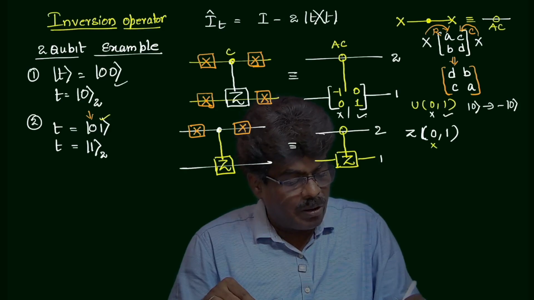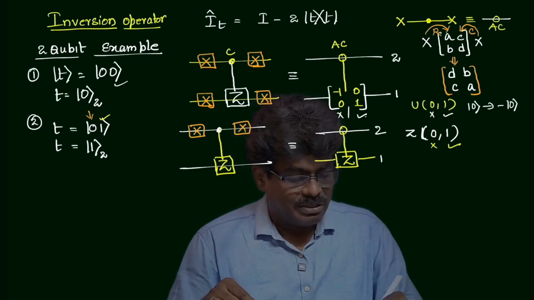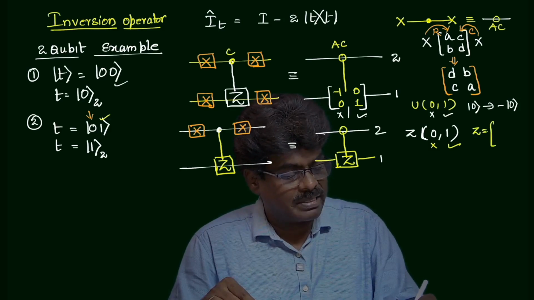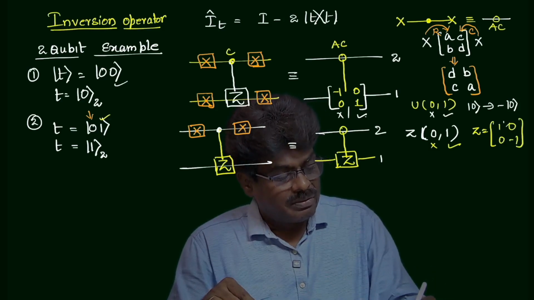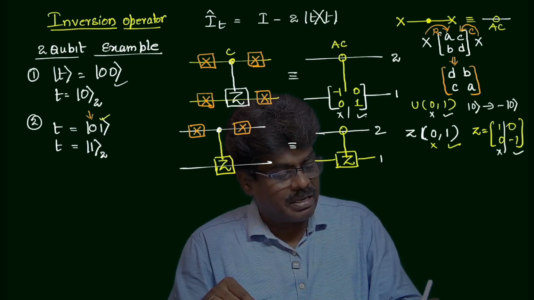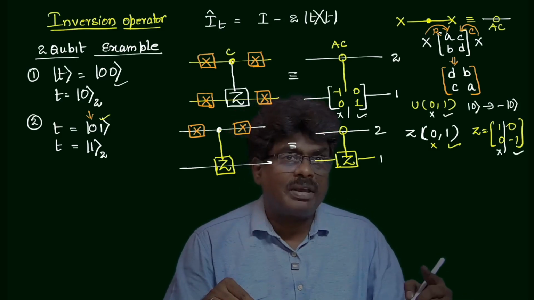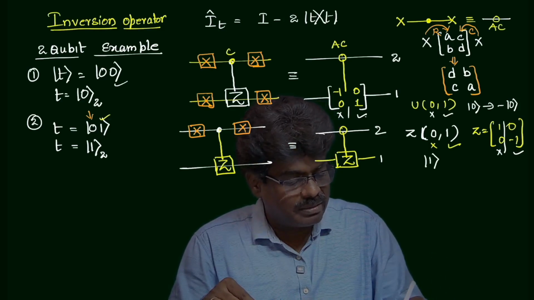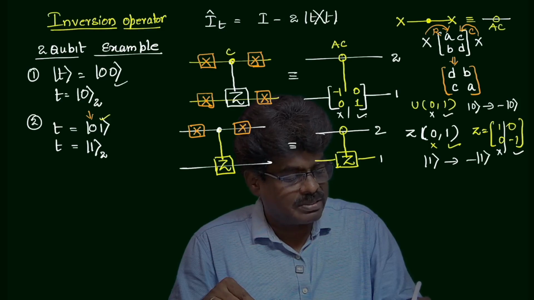And 0 is off, 1 is on. So if you see the Z gate matrix corresponding to this, 1 0 0 minus 1, and I told you the first column is off, the second column is on. So here we have the second column 1, minus 1. That's why this 1 is converted into minus 1.